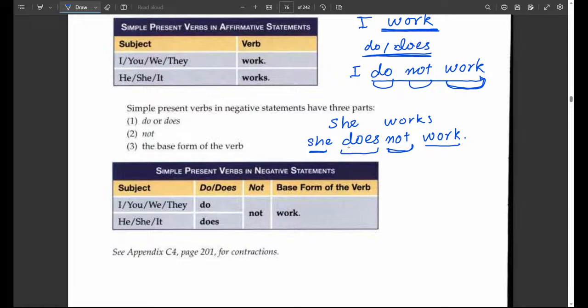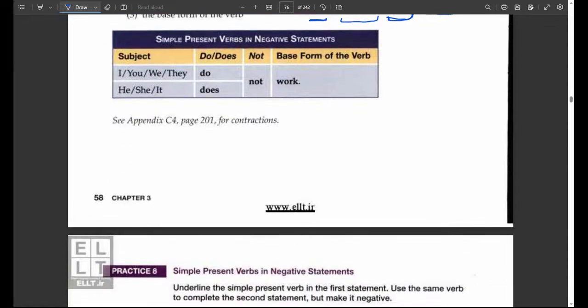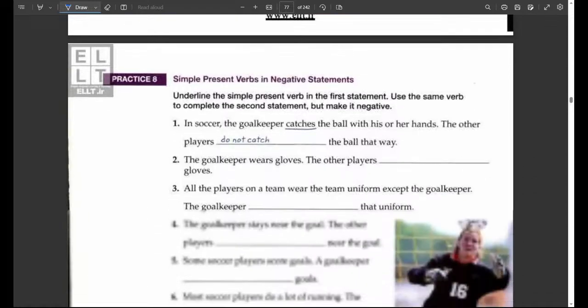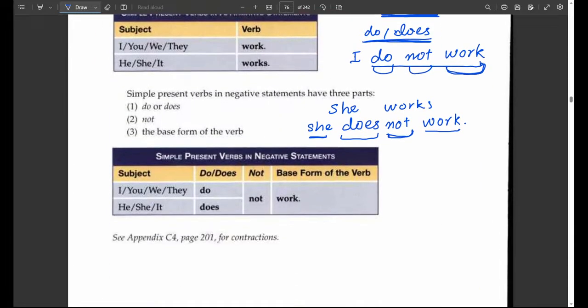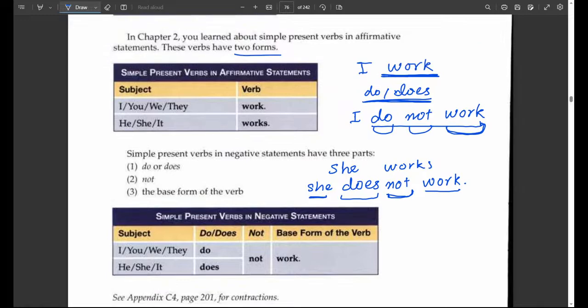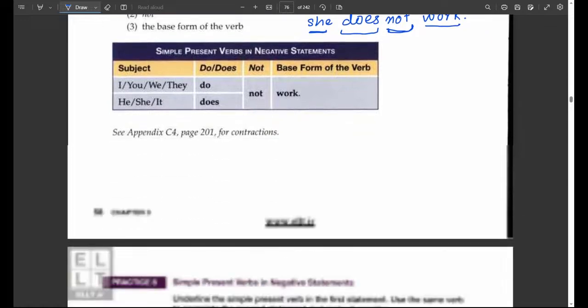So we do not need to add an s to the main verb again. Alright? Hope that makes it a little bit easier to understand. Why do we use this? Because the to be verbs do not exist in these sentences. We have to take help of do and does to make these sentences negative.